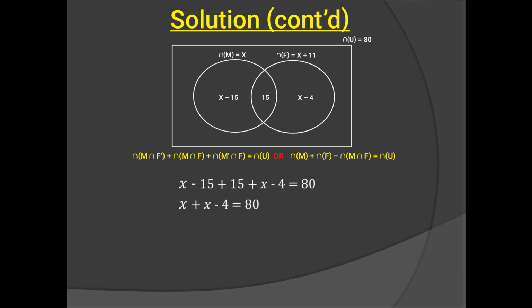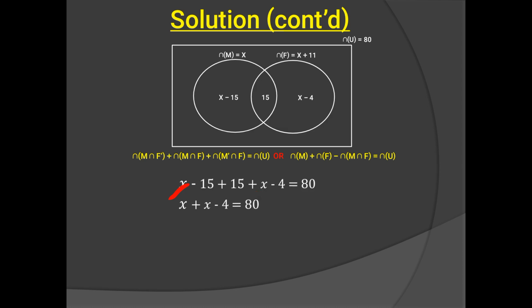So we have this x here. Let me take a highlighter. This x here, plus that x over here minus 4 is equal to 80. So x plus x minus 4 equals 80. This is the x we are talking about, and this x minus 4 right here is equal to 80.